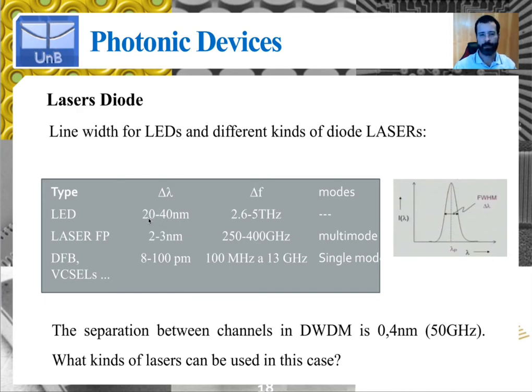And we said that the full width at half maximum was of the order of 20 to 40 nanometers, right? So a pretty broad line width. This is the corresponding line width in terms of frequency, so delta F would range between 2.6 and 5 terahertz corresponding to these wavelength values. So that's a pretty broad line width, right?